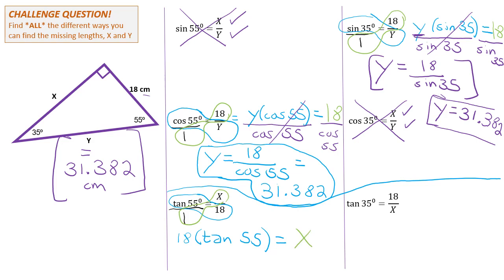Okay, so in this situation, we're not dividing. X is in the numerator, so you simply type into your calculator 18 times the tangent of 55, and that is going to give us an answer of 25.707.